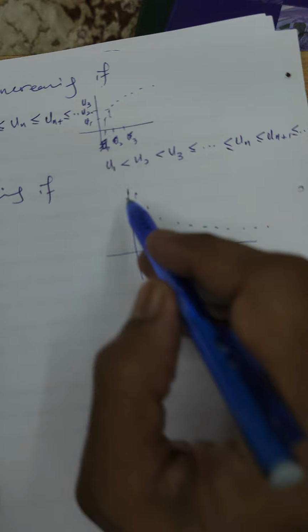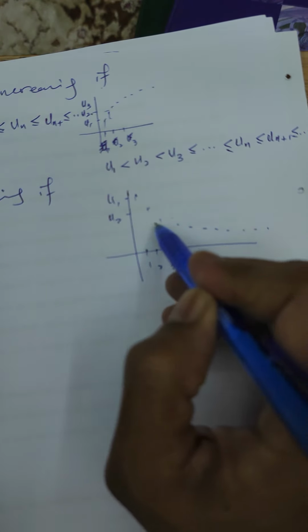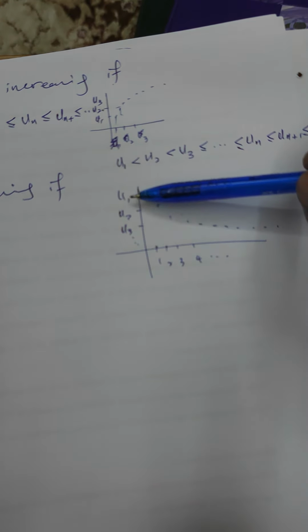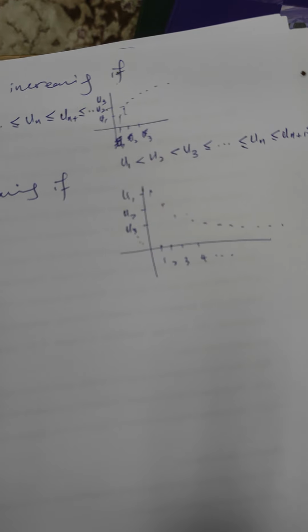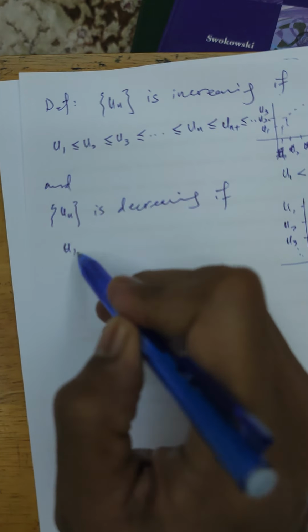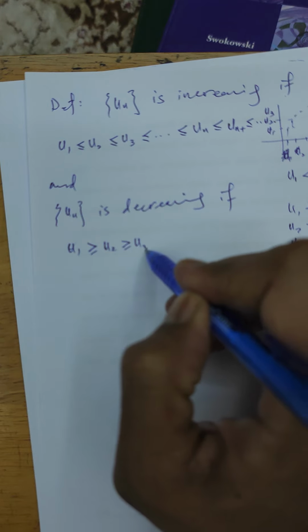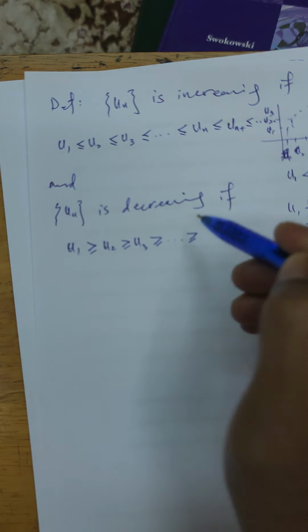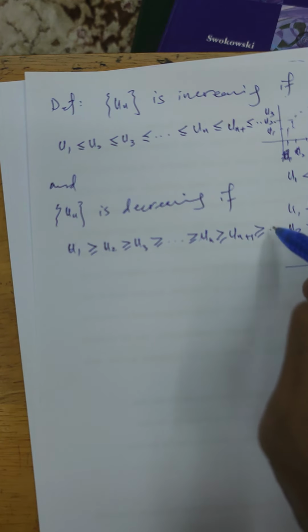And then what you can see, this is our U1, this is our U2, this is our U3, and so on. Now, you can see from this that U1 is always bigger than U2, always bigger than U3, and bigger and bigger. So which means we have U1 greater than or equal to U2, greater than or equal to U3, and so on, Un greater than or equal to Un plus 1, and so on.